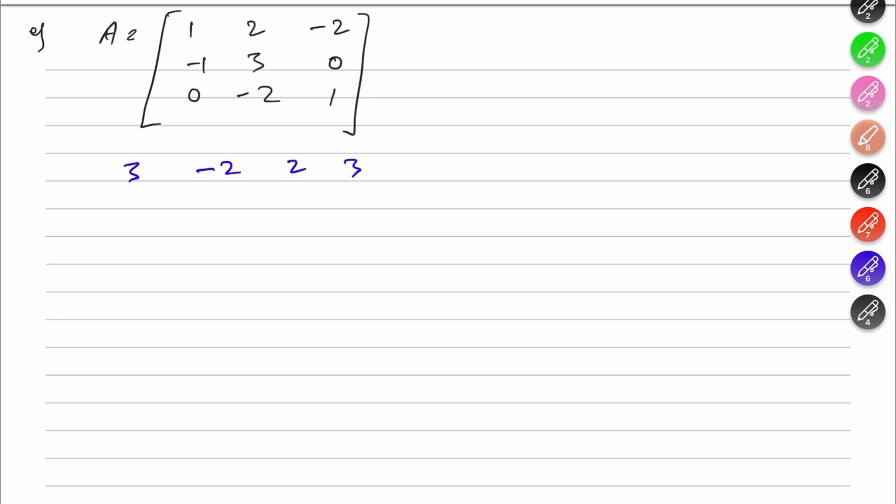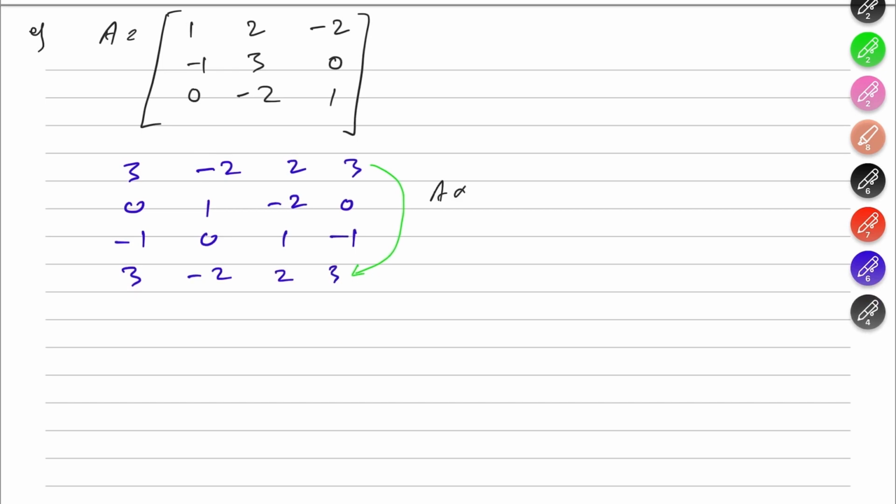Starting from the second column and second row, 3 minus 2 2, then 0 minus 0 1 minus 2 0, then the first column starting with the second row, minus 1 0 1 minus 1, and next we'll put the same here, that becomes 3 minus 2 2 3.